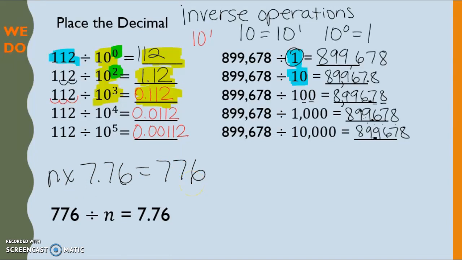How many times did I move the decimal point, and in which direction did I move the decimal point to get 776? Well, I had to move the decimal point 2 times to the right, which means I'm multiplying by 10 to the second power. So 776 divided by 10 to the second power equals 7 and 76 hundredths.